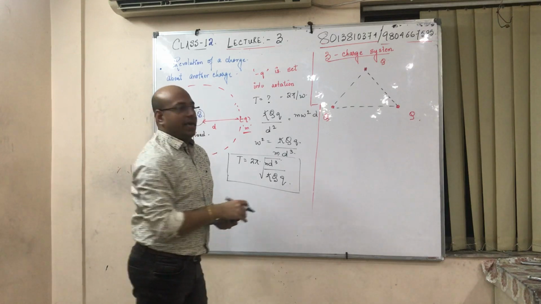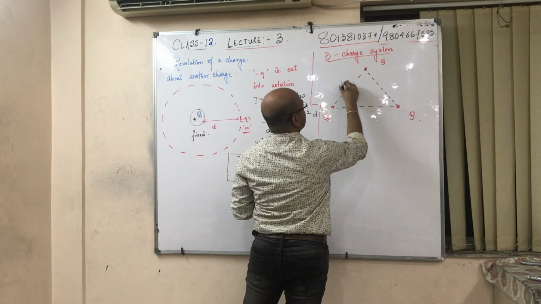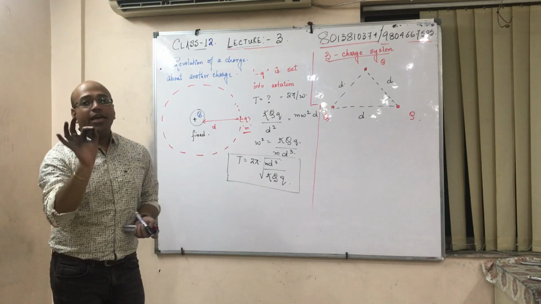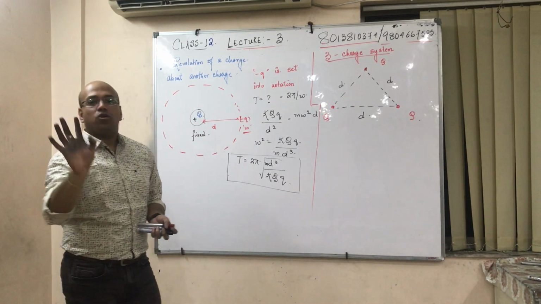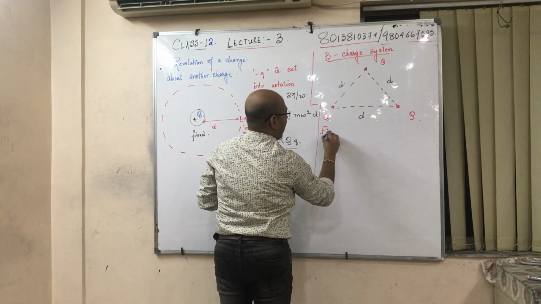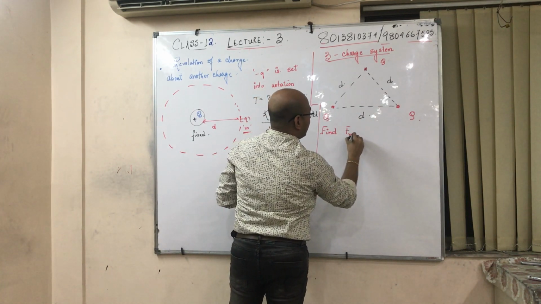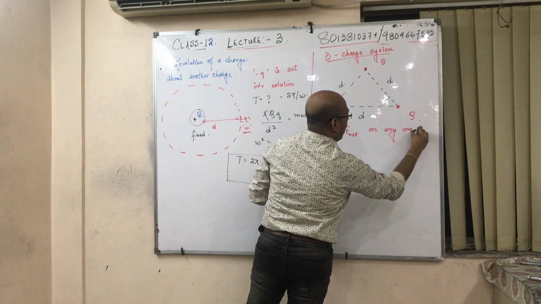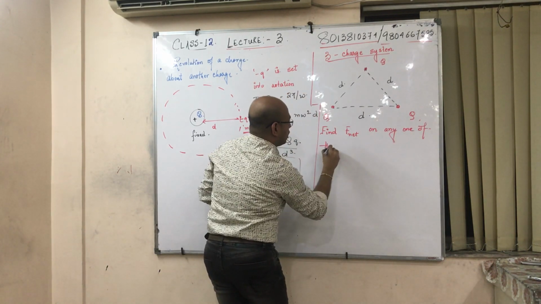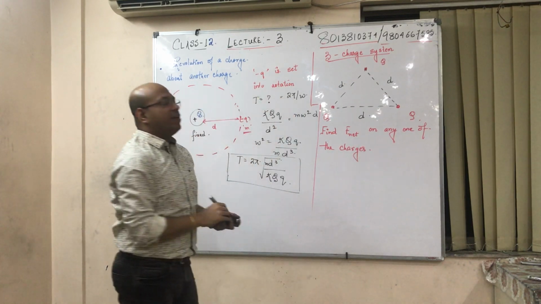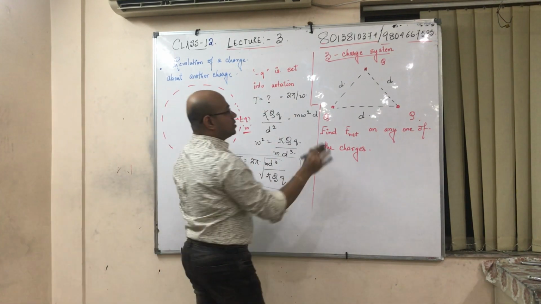Let us say they are separated by a distance d. What you need to find is the net force on any of the charges. Find F net on any one of the charges.